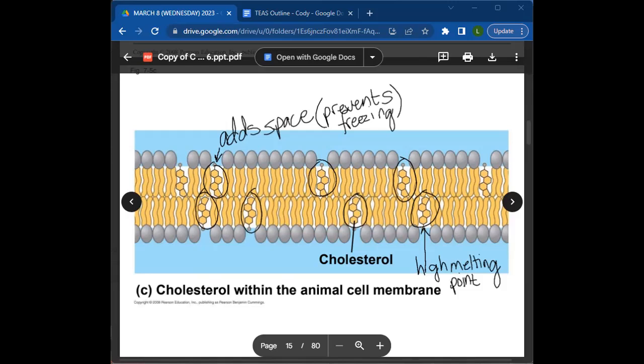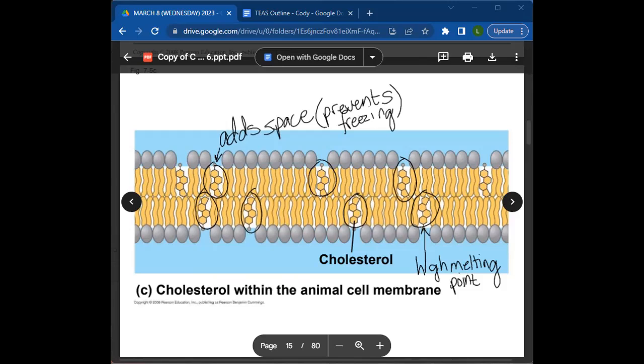And the cholesterol, almost in a way, is going to be pushing them apart and shoving them away from each other so that they can't form a solid. So in other words, it's going to help the cell membrane remain fluid.